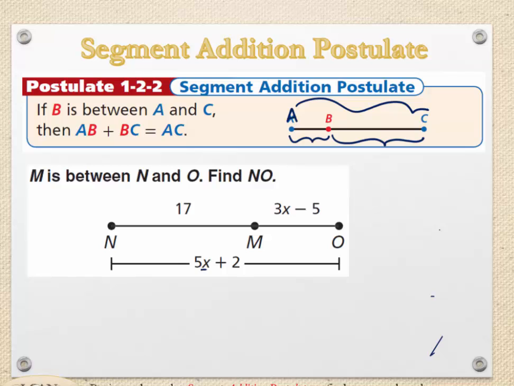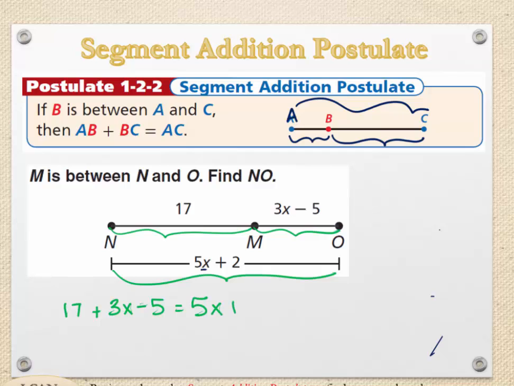Now, using this postulate, it says that if I add these two things up, they should total this whole thing. So that's an equation waiting to happen. I can say 17, which is NM, plus 3x minus 5, which is MO, has to equal this whole thing, which is 5x plus 2. And then we can solve this.